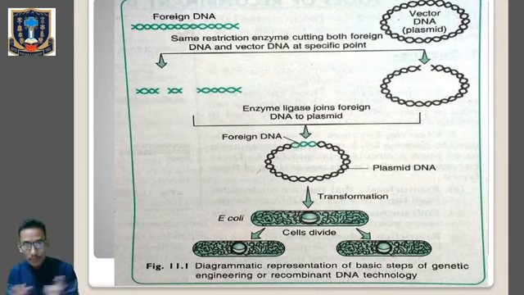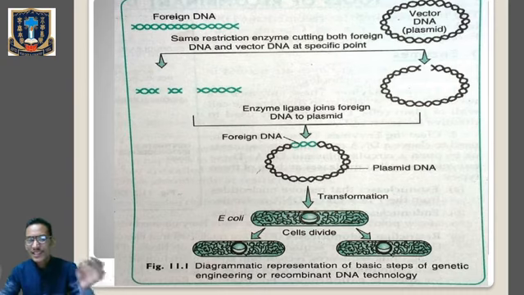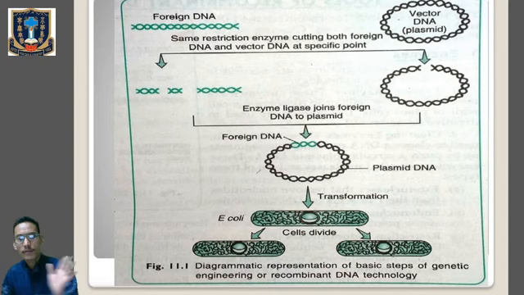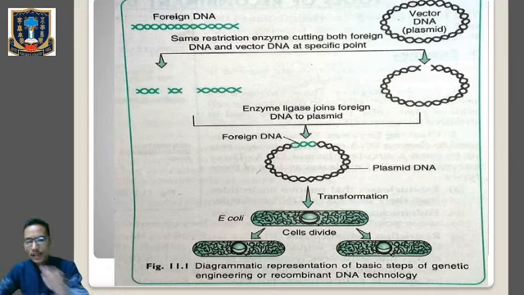So the same restriction enzymes will be utilized to make a cut on the foreign DNA and on the plasmid vector. Clear? By this way we have created a segment of DNA having the gene of interest, and similarly we have made a cut on the plasmid vector also.